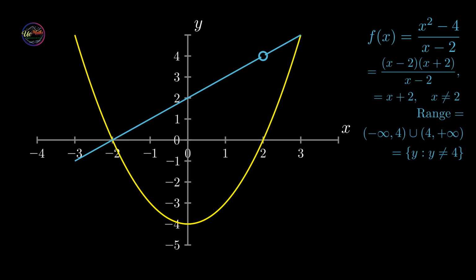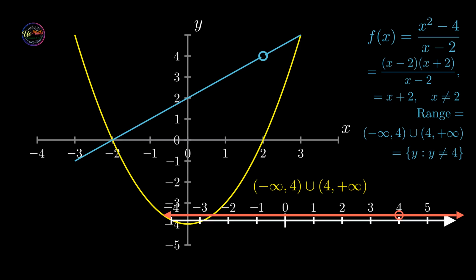For f of x equals x squared minus 4, divided by x minus 2, the simplified form is x plus 2, which is a linear function. A linear function takes every real value except the one corresponding to the excluded point. When x equals 2, the simplified expression x plus 2 would equal 4.